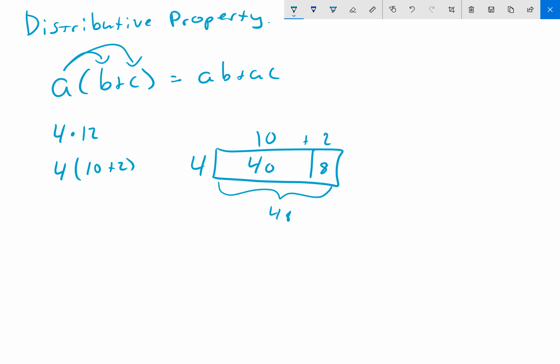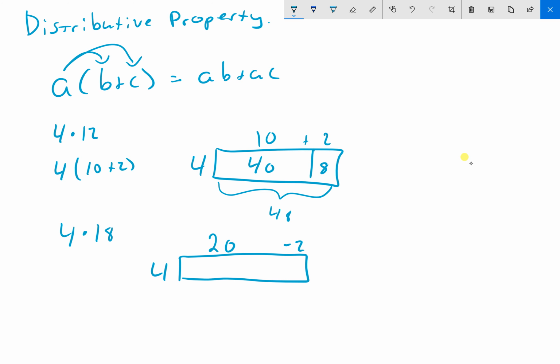And it's actually kind of nifty, because if you want to do 4 times 18, well, you might say, I'm not very good at a lot of my times tables, so I'm really struggling here. So I'm going to say, all right, 18 is the same as 20 minus 2.